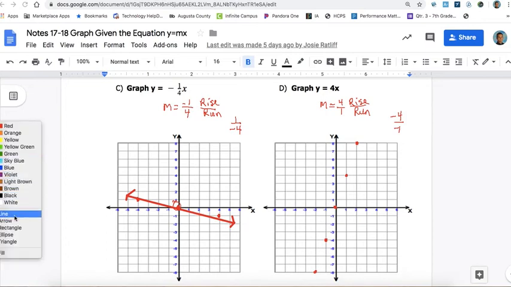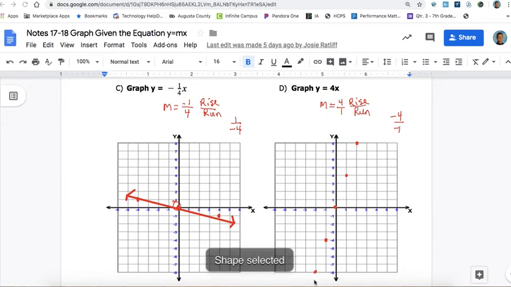Use your ruler to connect and draw arrows on both ends. And I always like to circle the y-intercept because that tells you a lot about the graph. It tells you when it goes through the origin like that, it's in the form y equals mx. And let's read this from left to right, and it's sloping up.